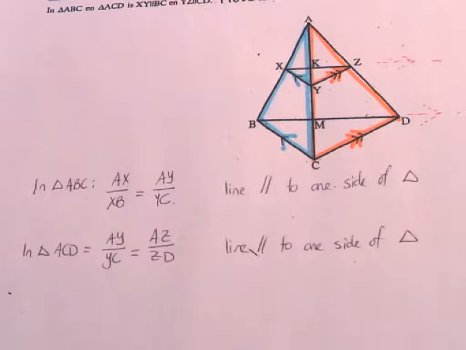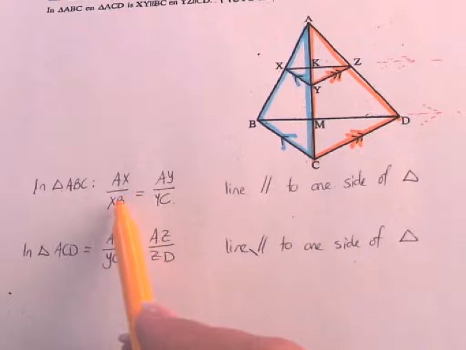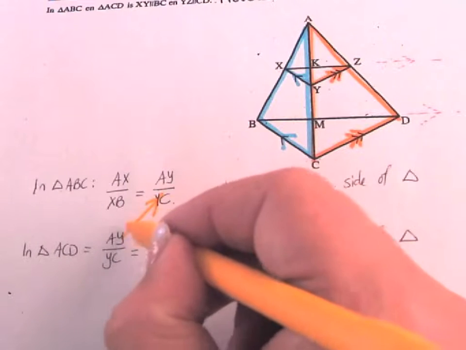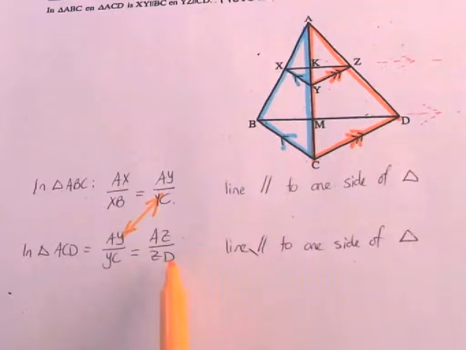Because then AY over YX is equal to AZ. I don't know why, but then you can because they're similar. Okay. This one is equal to that one. The same one is equal to something else. Therefore, that will be equal to this.